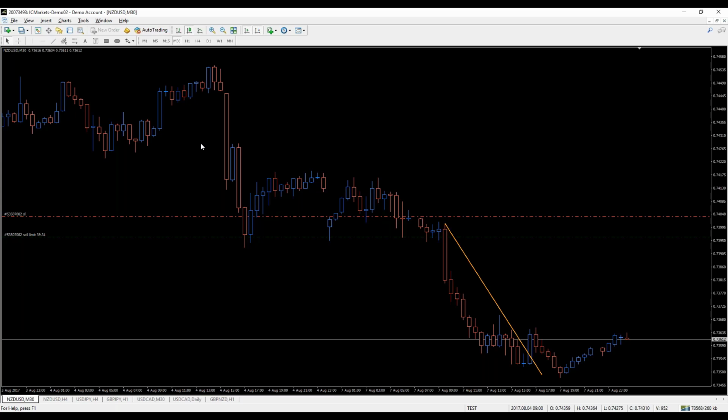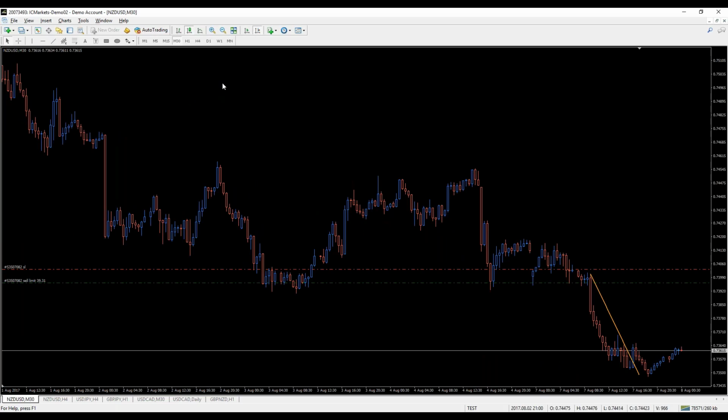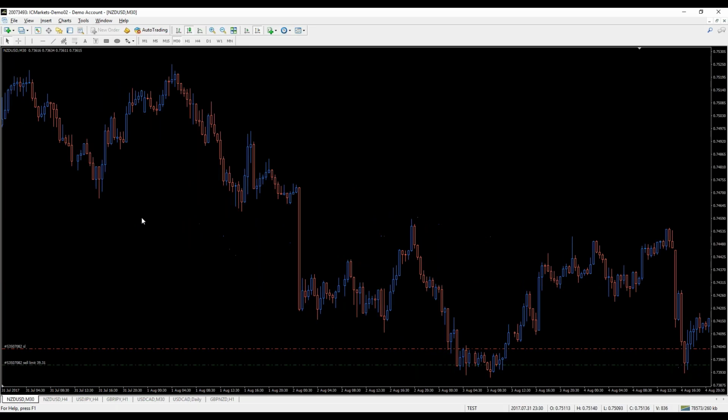I'll look for something similar here. Let me find one. There's nothing there. If this candle here would have moved like this candle here, then this would have been a swing low here, but it didn't. Let's find another one.